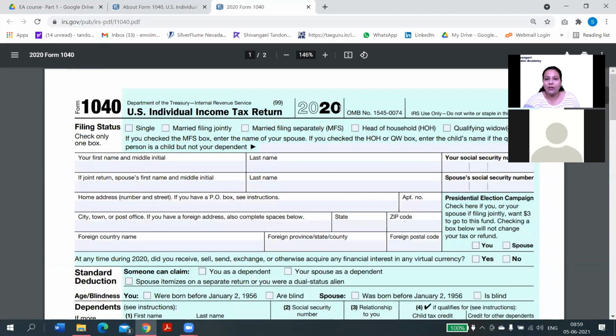Okay. Another thing which I want to discuss here before I move on with the filing status, guys, this form 1040, every year in your EA testing window, you will be seeing this. You are studying about the form 2020, and this is the 2021 year. The testing window is open from May 2021 to Feb 2022.